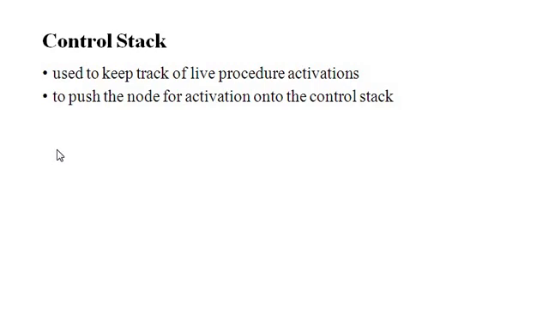A stack is used, it is not FIFO, first in, first out. The contents of the control stack are related to paths to the root of the activation tree. When any node n is at the top of the stack, then the stack contains the nodes along the path from n to the root.